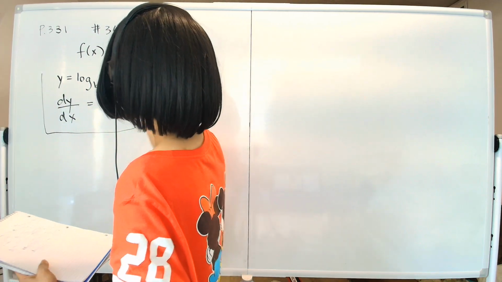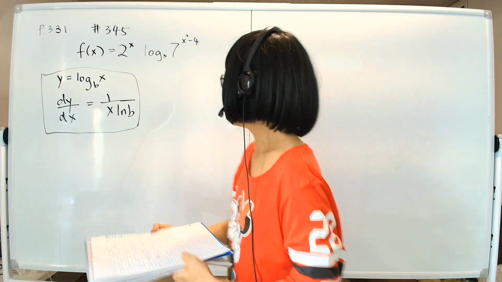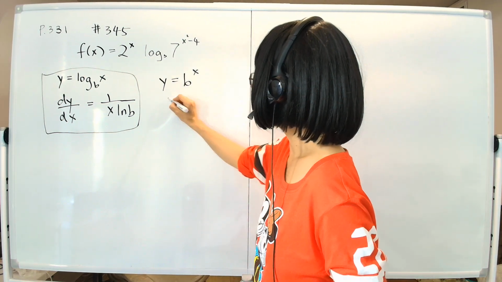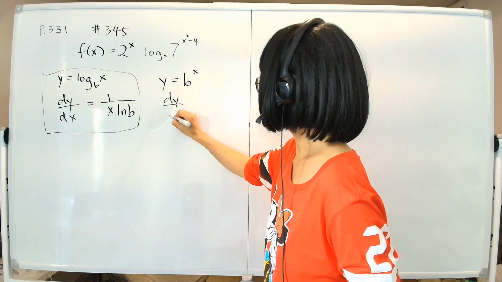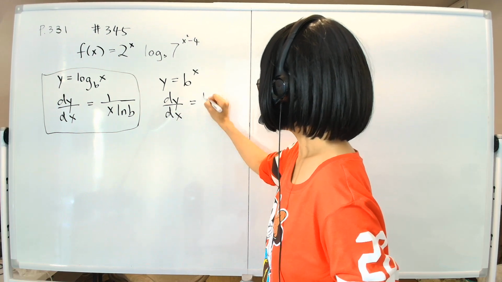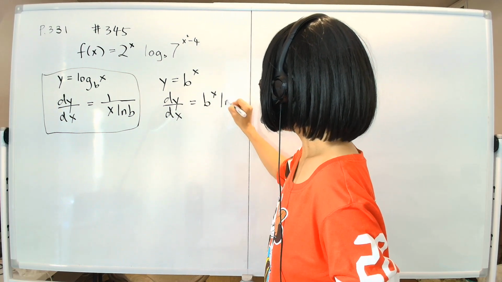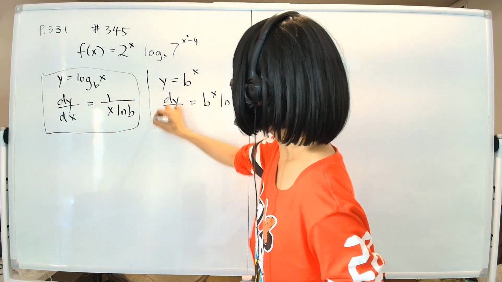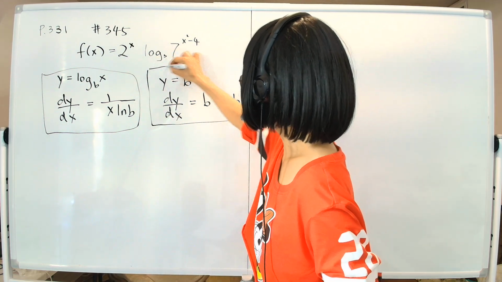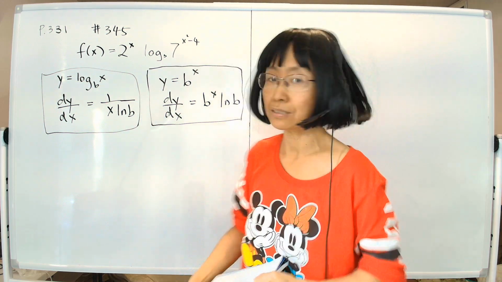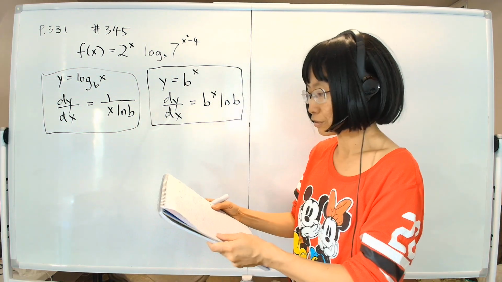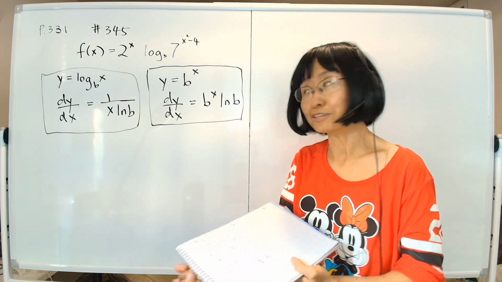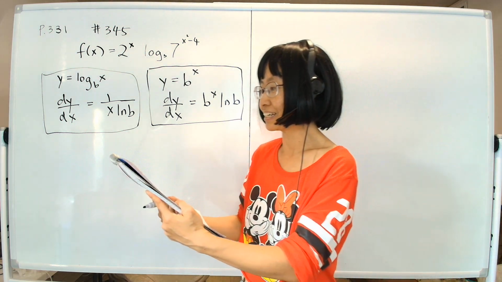The second formula is that if y equals b to the power x, then dy by dx is equal to b to the power x multiplied by the natural log of b. Those are the two theorems we're going to apply. Once you realize that, it goes pretty straightforwardly, and the next step is just trying not to mess up the algebra. So let's give it a try.